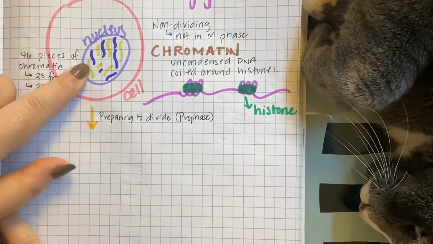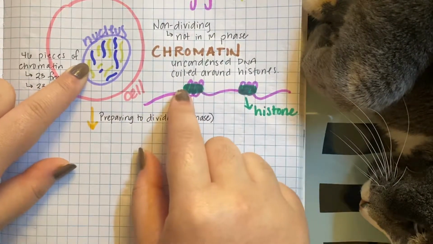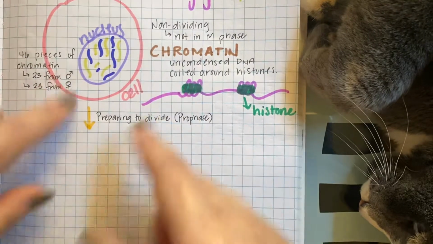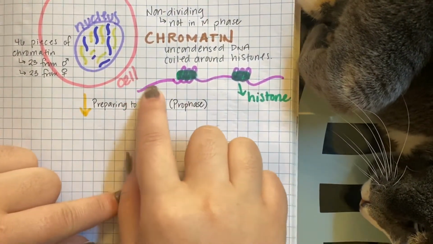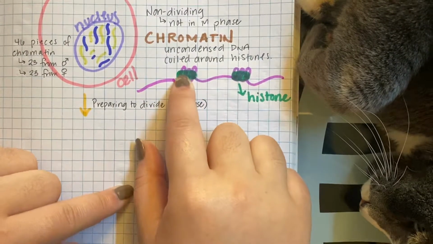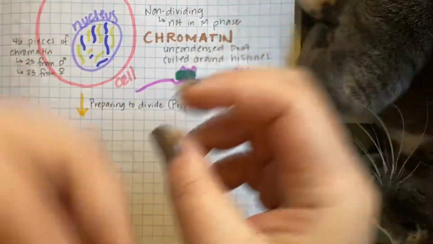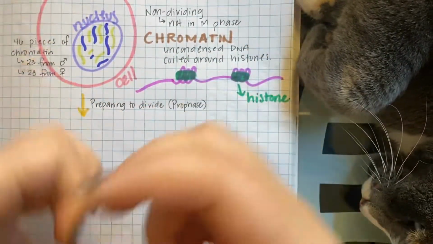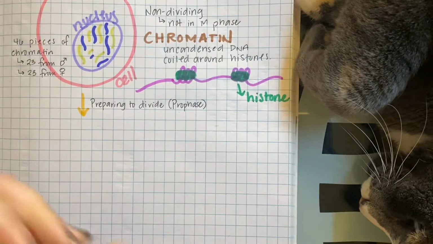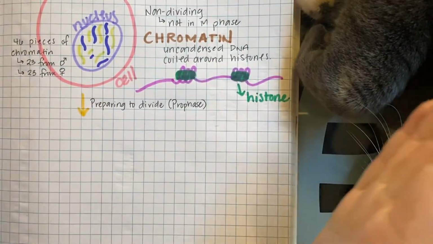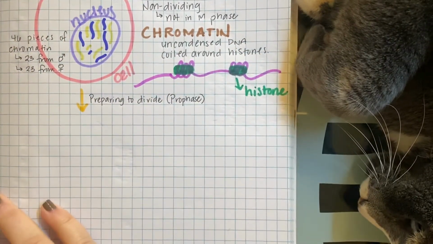So instead of having chromatin like this, that's super spaghetti-like, you're actually going to have an event called supercoiling. What supercoiling does is it takes this DNA wrapped around histones, and then it coils that, and coils and coils. So it's like coils within coils within coils of DNA. It's taking these long strands of chromatin and condensing them down into these more dense chromosomes.